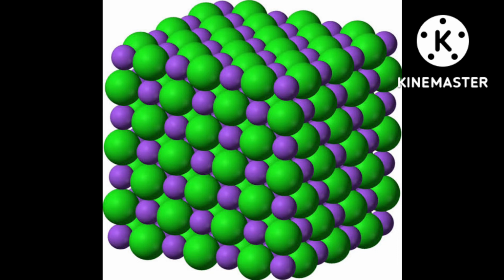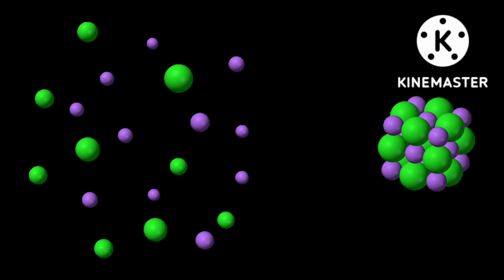The nucleus of the first atom and the electrons of the second atom, both will attract. In that way, the nucleus of the second and the electrons of the first, both will attract.